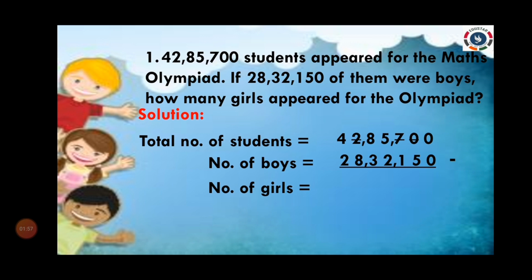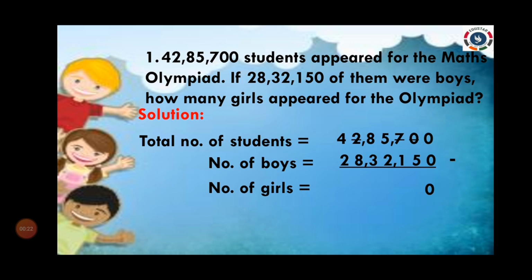Okay, so we are going to subtract the values. Whenever you subtract, start from the ones place on the right side. In the ones place we have 0 and 0. So 0 minus 0 is 0. While subtracting, we can subtract the smaller number from the bigger one. But here we have 0 and 5, so we can't subtract 5 from 0.